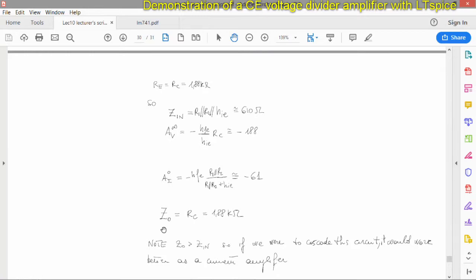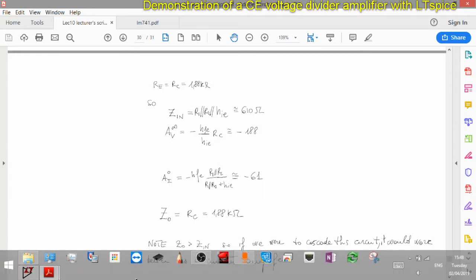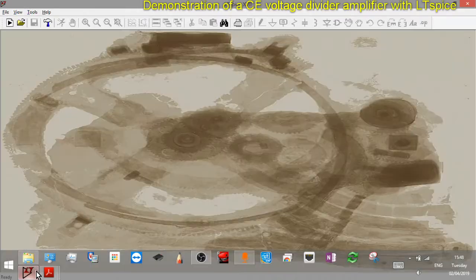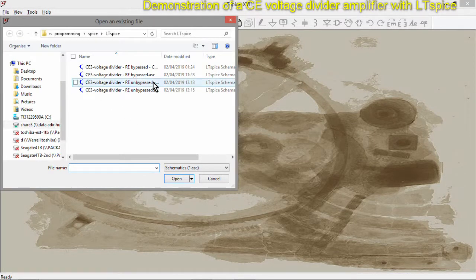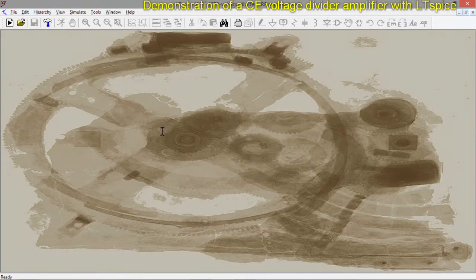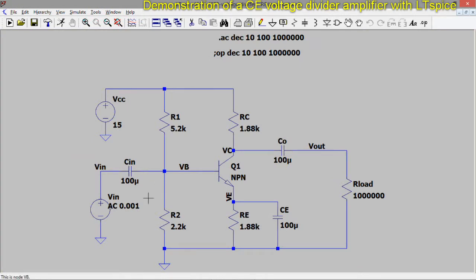So, do you believe it? Shall we check it? Let's check it. I have really few minutes to do this. So with RE bypassed, this is the circuit. You see, I've put R1, R2, RC, and RE according to the design we've made.